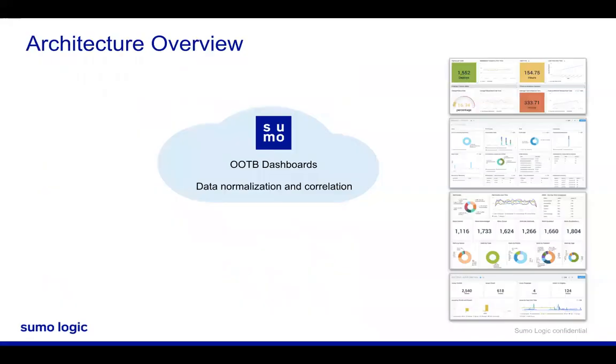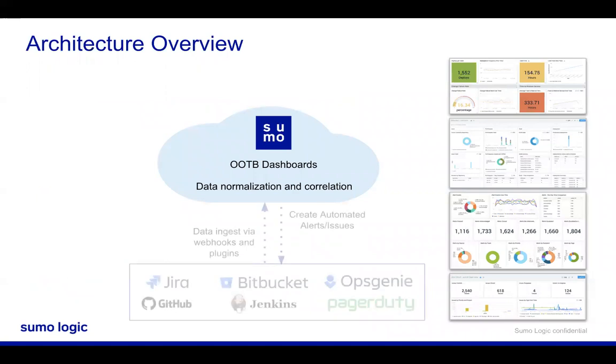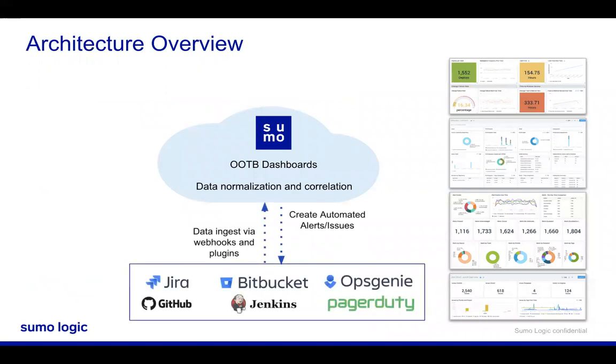Okay, so let's go over the kind of architecture of how this works. So here we have ingesting data across all of these applications on the bottom. And for everything in the box, this is automated. So these are applications where we have completely end-to-end experience for applications like Jira, Bitbucket, OpsGenie, GitHub, Jenkins, and PagerDuty.